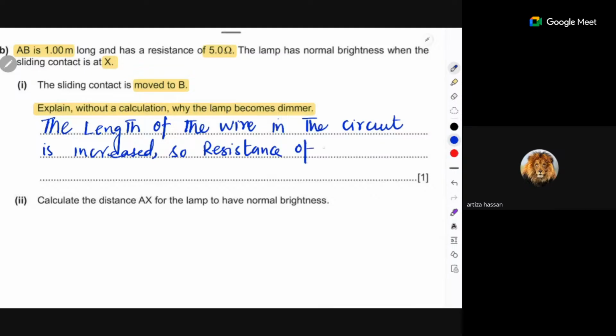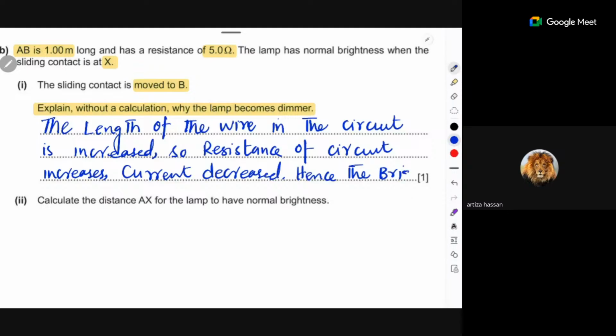Resistance of the circuit increased, current in the circuit decreased, hence the brightness decreased. Is it clear?